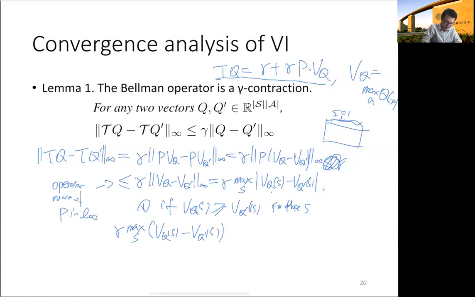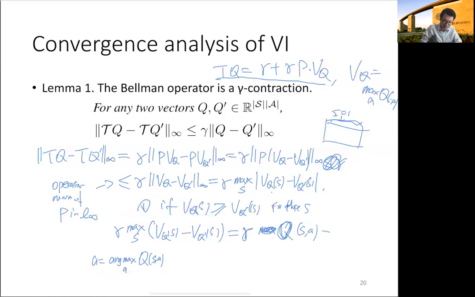So let's take A to be the arg max of Q of S, A. Then we can rewrite this as gamma max of the Q function Q of S, A. I'm just substituting this A to be the arg max.